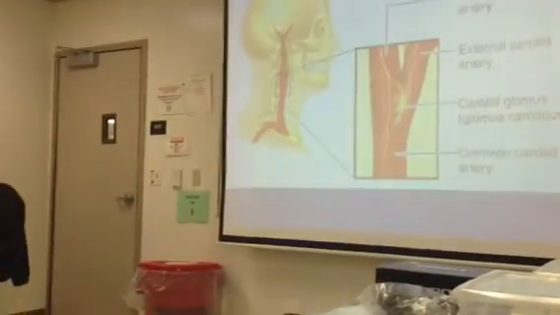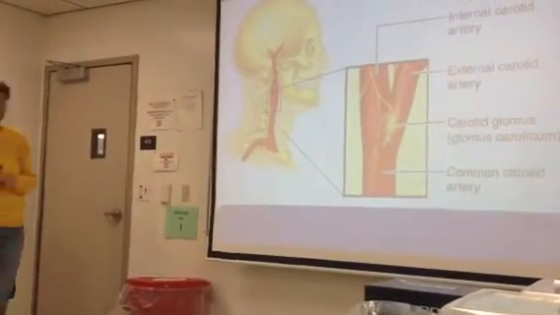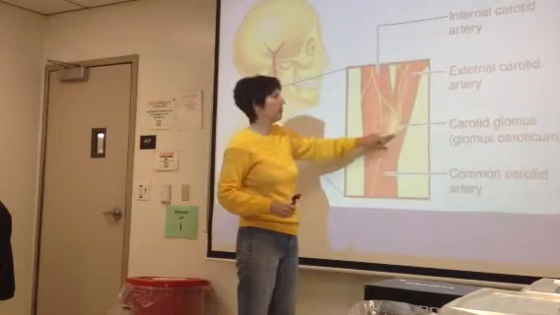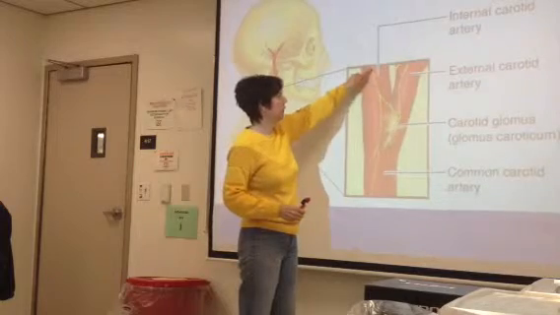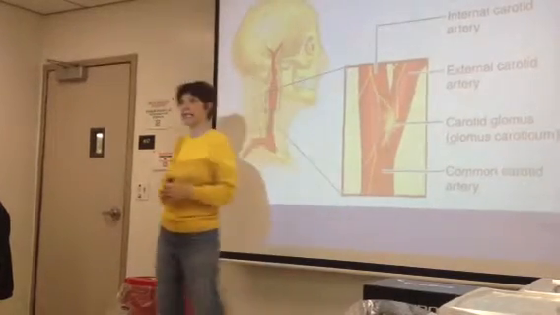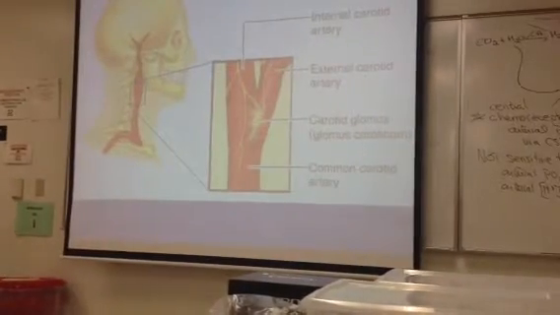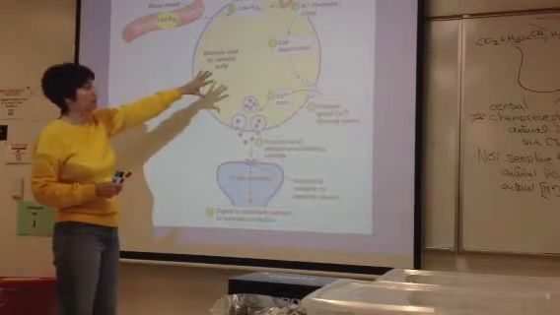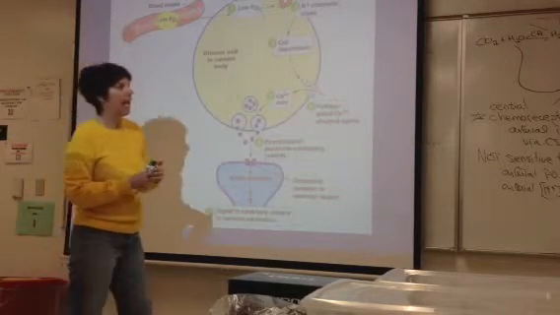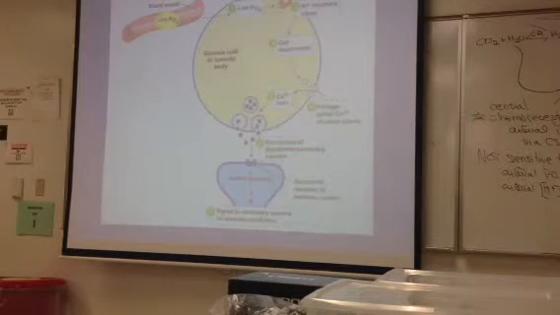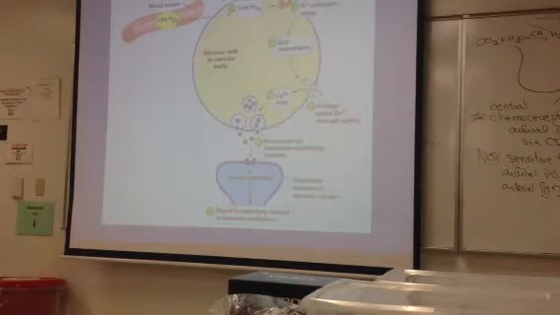All right, so how do we pick this up? Here's an illustration of the carotid sinus and the group of cells. This would be the glossopharyngeal nerve here. And the group of cells that are sensitive to oxygen are called glomus cells. So here's a diagram of a glomus cell.